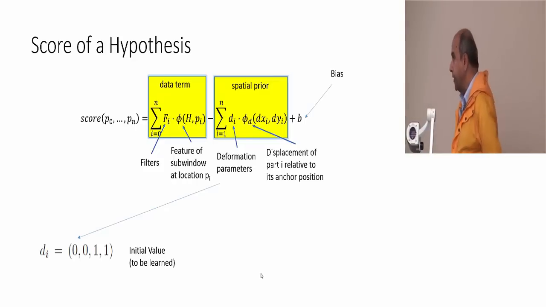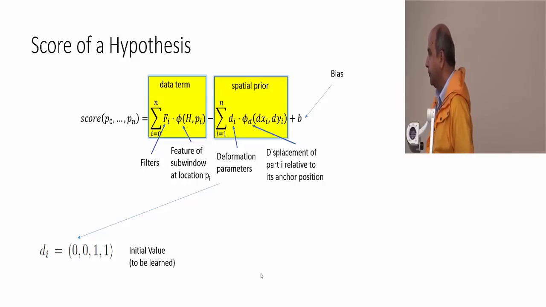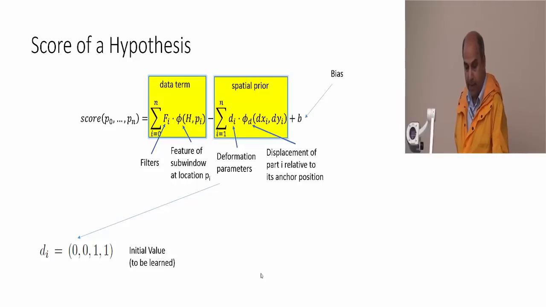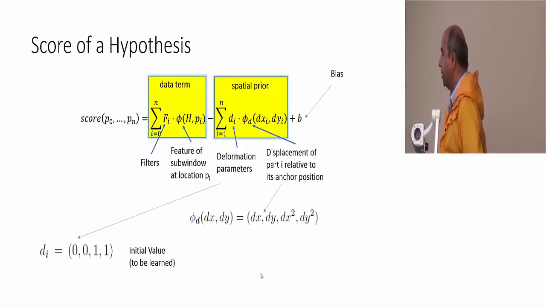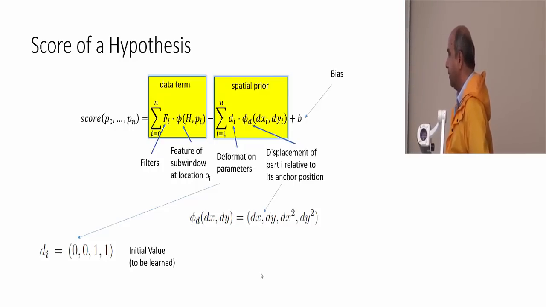Okay, so now what is this deformation cost? We are going to find the deformation cost with a 4-dimensional vector, and the initial value of d_i will be 0, 0, 1, 1. Then Φ_d is a function of dx, dy, the displacement from the anchor position, and will be dx, dy, dx squared, dy squared.